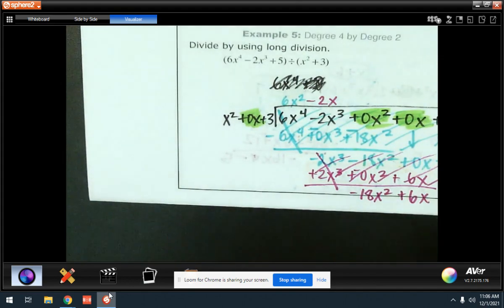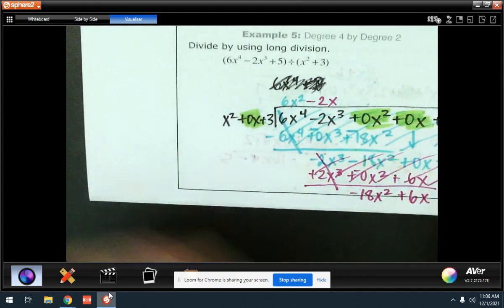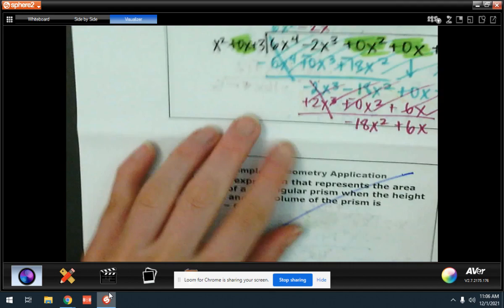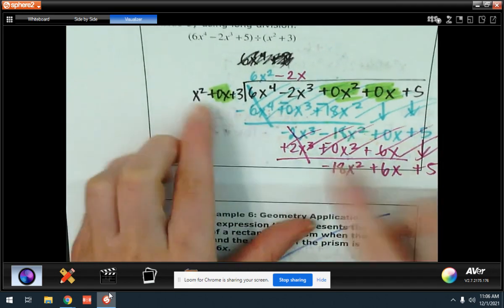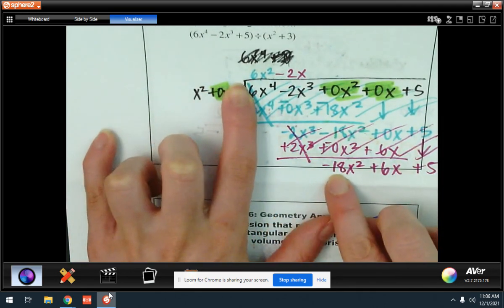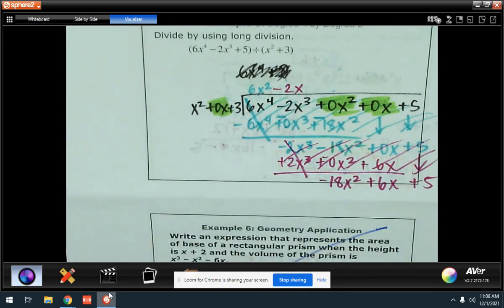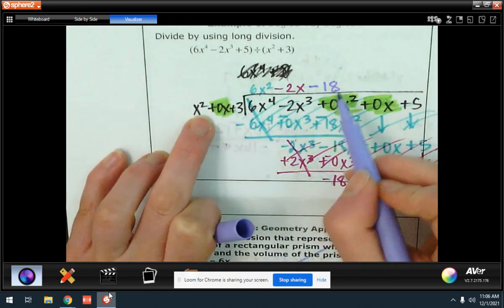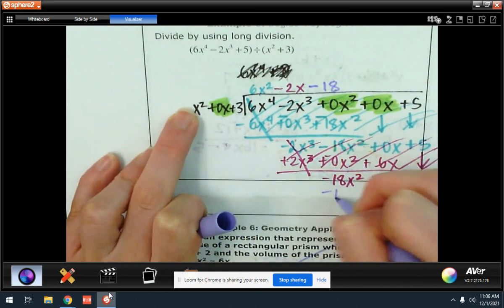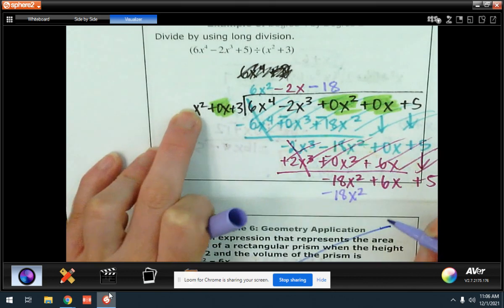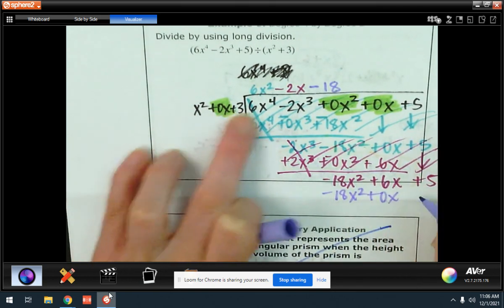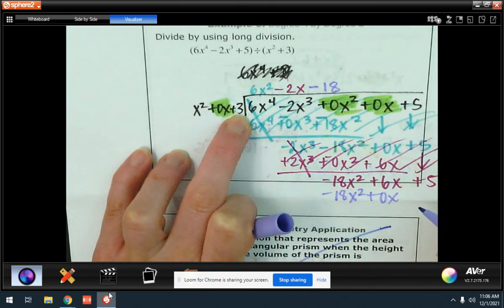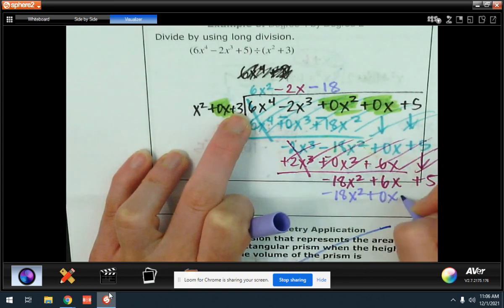And we're still going. x squared times what would give me negative 18x squared? Just negative 18. Okay, so negative 18 times x squared is negative 18x squared plus 0x.